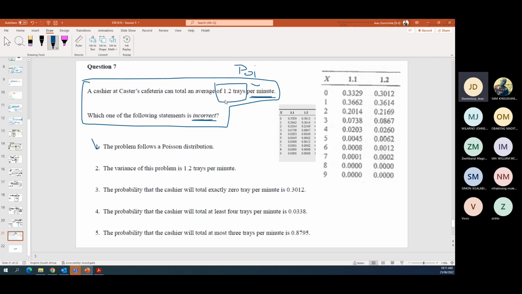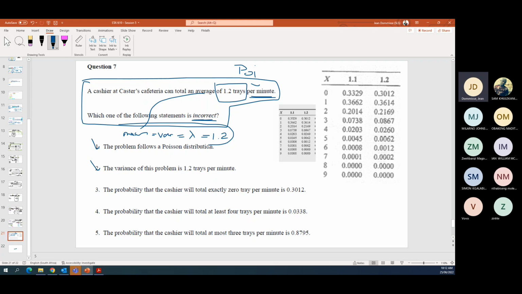Then what do we look at? We look at the mean, which is equal to the variance, which is equal to the lambda, which is 1.2. The variance of this problem is 1.2 trays per minute, which is correct.